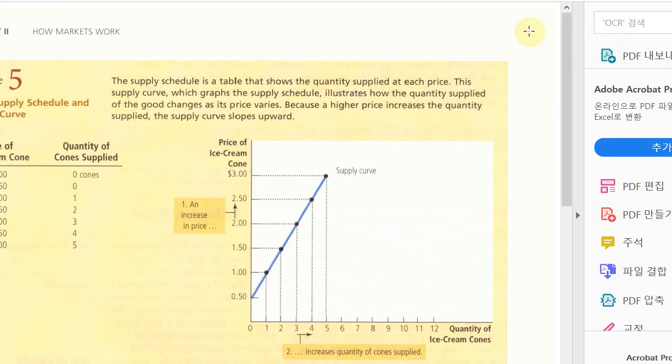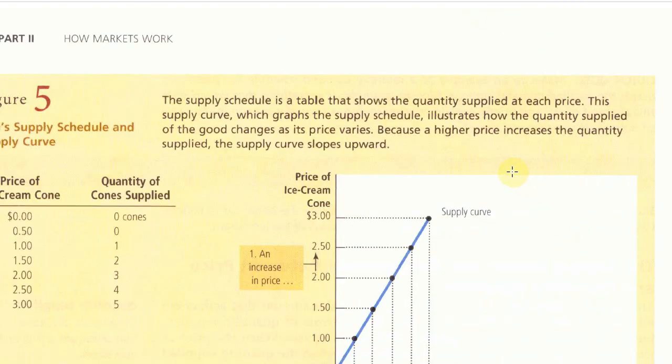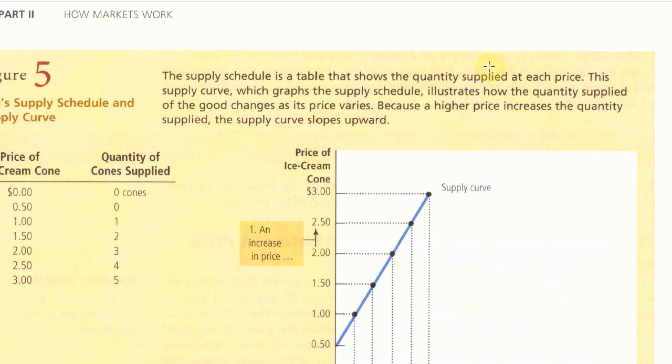Okay, then the supply curve again. I have explained this in the initial stage, but the supply curve follows the same principle.